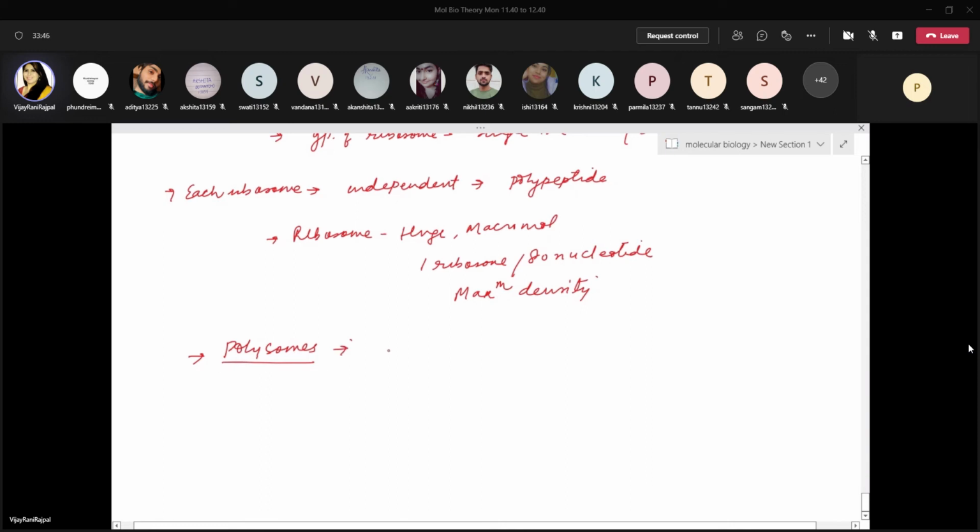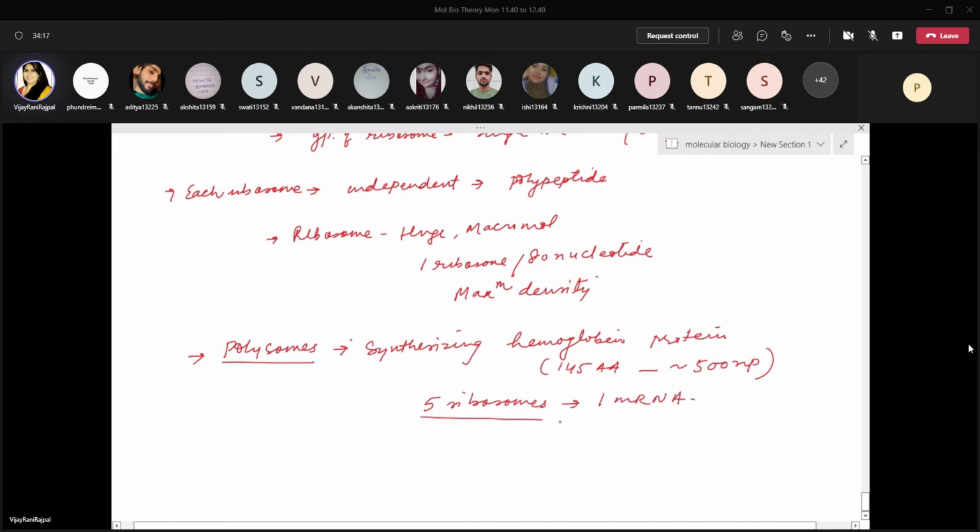So, polysomes synthesizing hemoglobin protein. Hemoglobin protein is approximately 145 amino acids and about 500 nucleotide pairs of mRNA. So typically 5 ribosomes join here to one mRNA molecule.